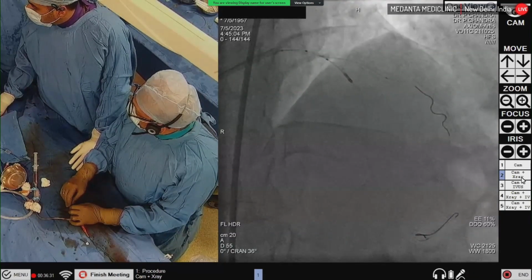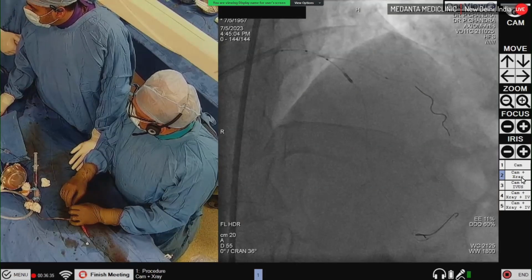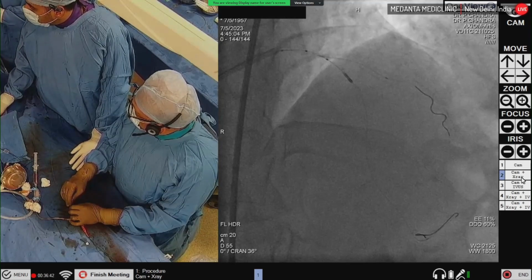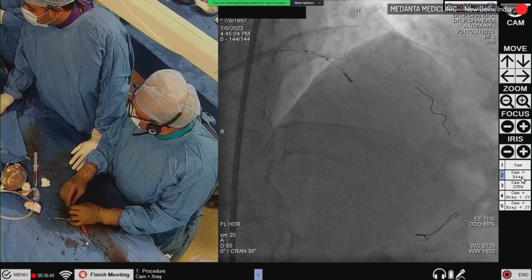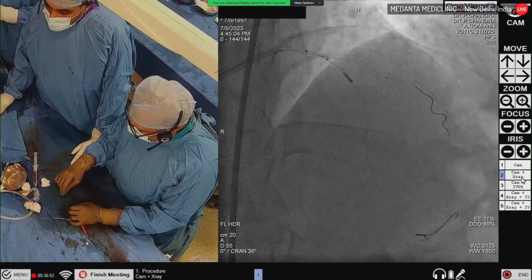Pull back. Show the IVUS images, please. Here you see that the lumen is quite good. I'm pulling a little bit back. Yeah, lumen is reasonably okay. Stop.